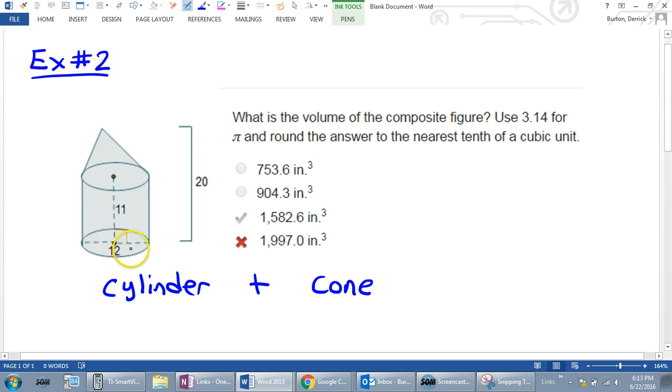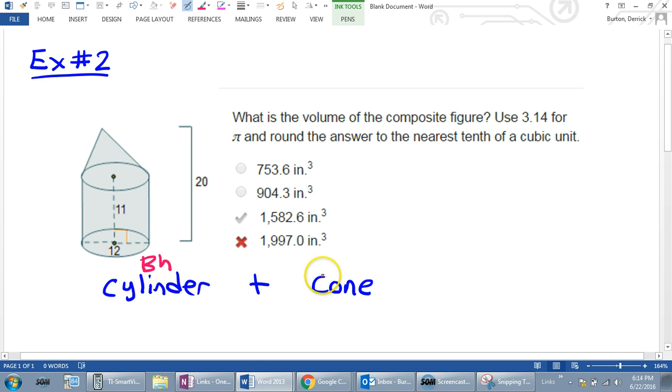So if I want to find the total volume, all I need to do is find the volume of the cylinder and find the volume of the cone and just add them together, and that should be the total volume. So let's do that. Now remember, the volume of a cylinder is area of the base times the height.